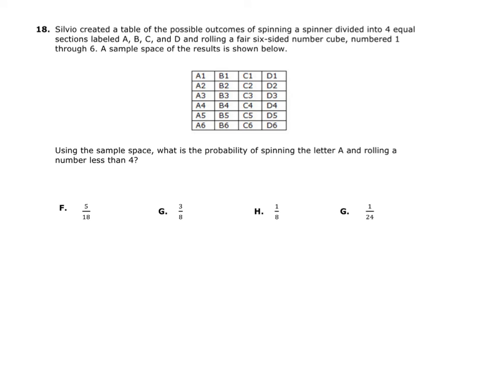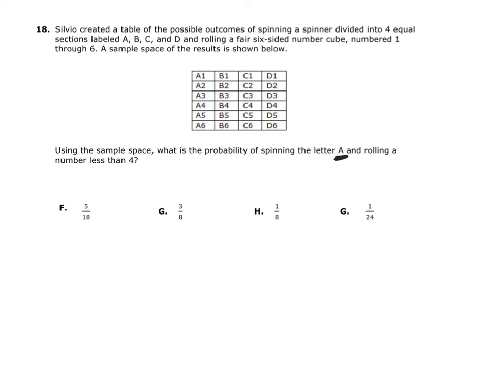18 says Silvio created a table of the possible outcomes of spinning a spinner divided into 4 equal sections labeled A, B, C, and D, and rolling a fair 6-sided number cube numbered 1 through 6. A sample space of the results is shown below. Using the sample space, what's the probability of spinning the letter A?